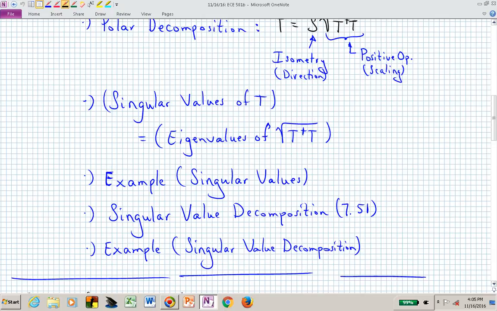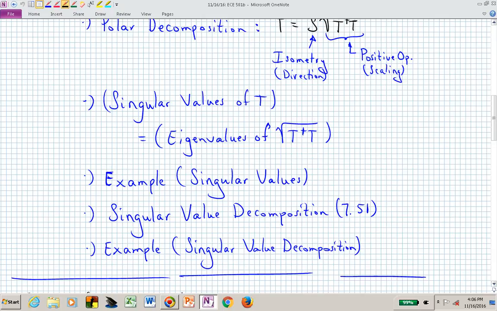You can now do a singular value decomposition, and a piece of that singular value decomposition are these singular values, which are not eigenvalues, but they actually are equal to eigenvalues of the positive part of our decomposed linear operator. So if we take the eigenvalues of the positive square root of T dagger T, those in fact are the singular values.